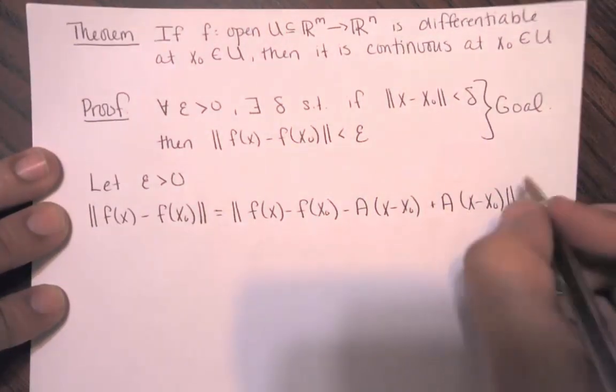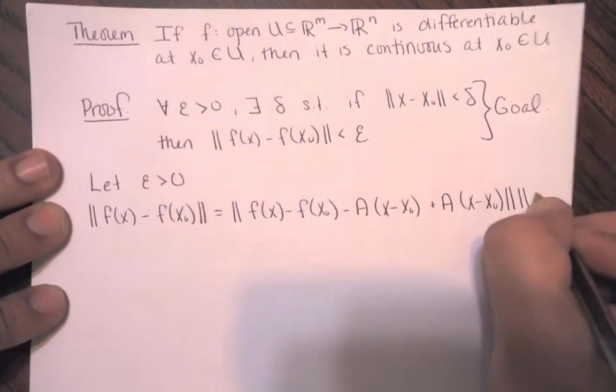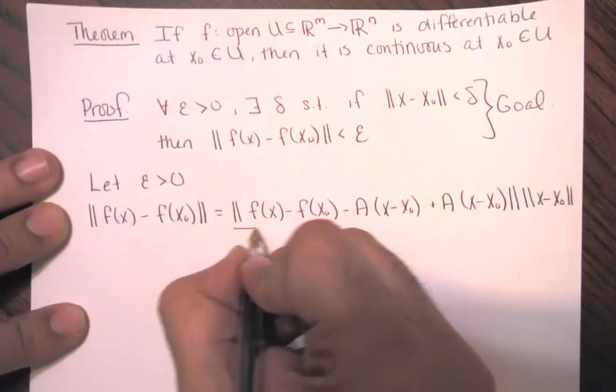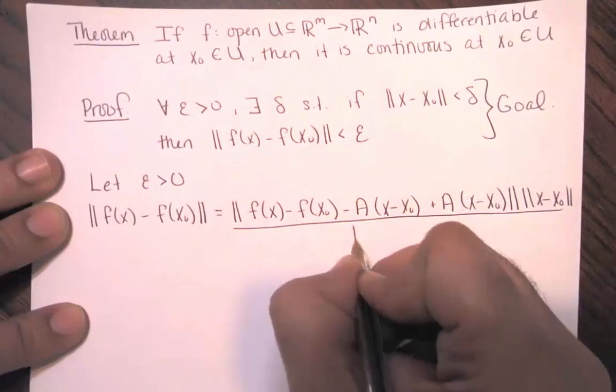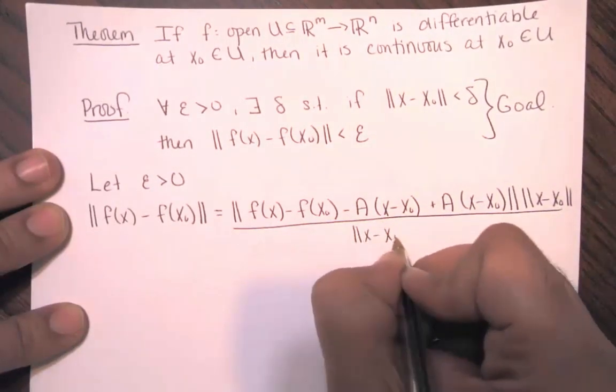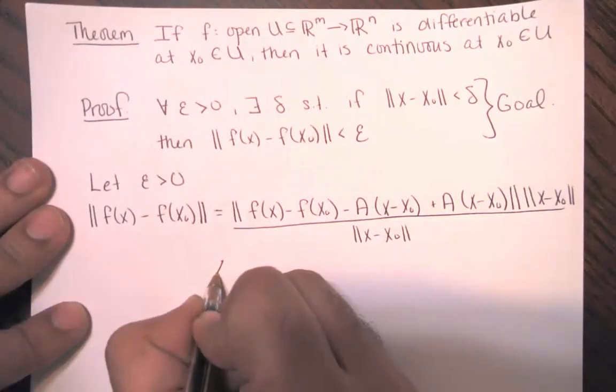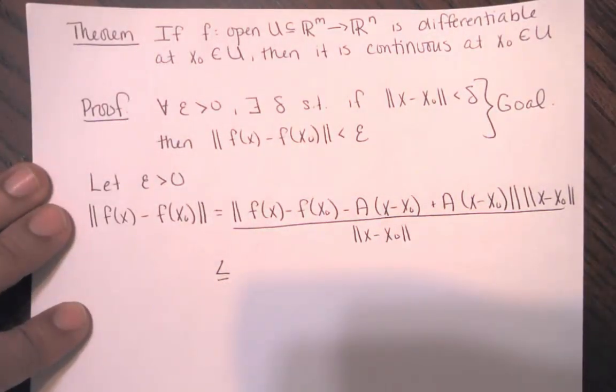And now I'm going to multiply by 1 in the sense that I'm going to multiply times the norm of x minus x naught and divide by the norm of x minus x naught. And this is less than or equal to, and here's where I'll use the triangle inequality.